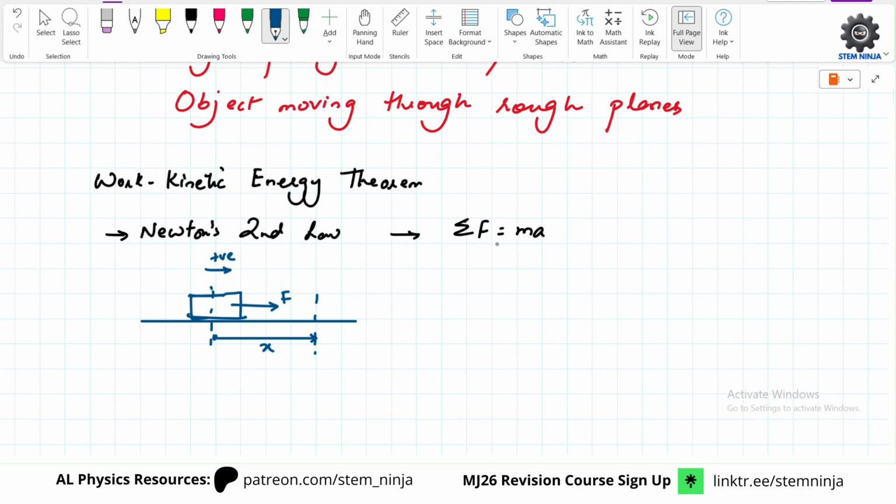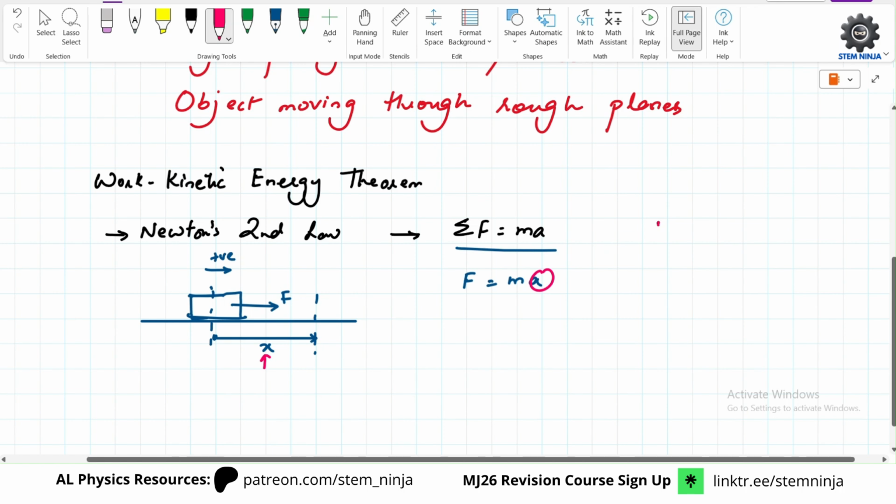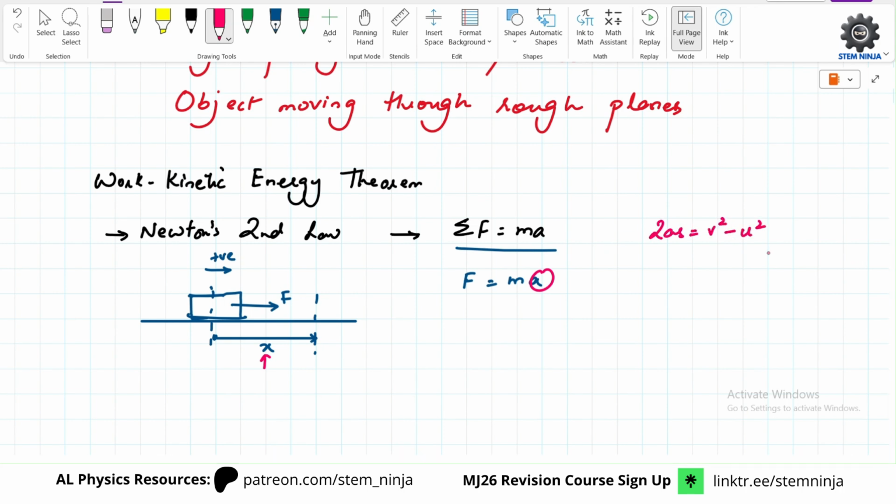So basically what we do is we rewrite this F, the sum of forces. There is no other resistive force or any other force, so F equals mass times acceleration. But we want to express acceleration in terms of the displacement, so we use 2as = v squared minus u squared.